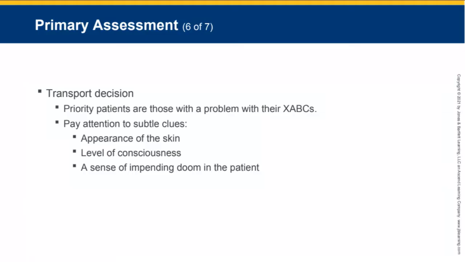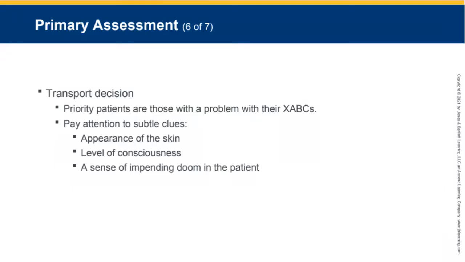Once you have completed your ABCs, you need to answer some questions. Get in the habit of doing this. 1. What is the patient's GCS? EVM, eye-opening, verbal, motor, EVM 456. Get the patient's GCS at this point if you haven't done it already.